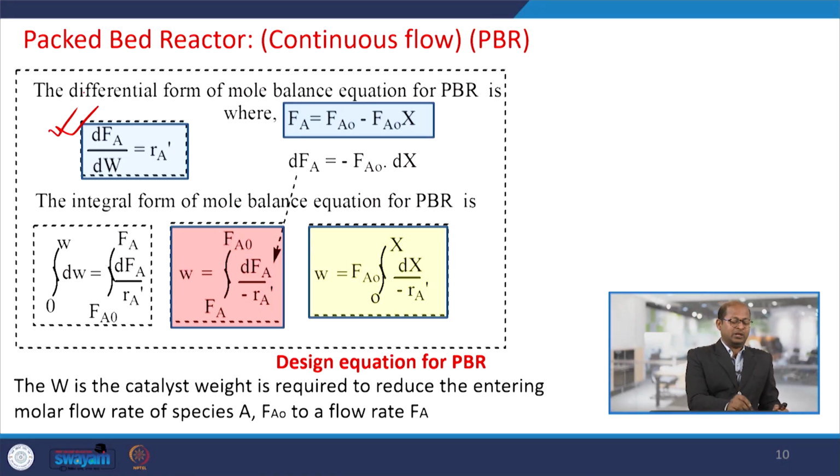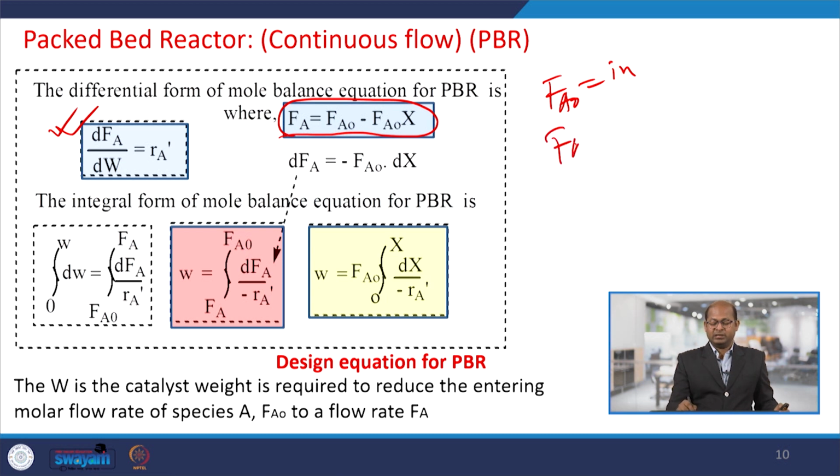This is for continuous flow reactors, the packed bed reactor. Here this is the differential form of the mole balance or design equation for this particular reactor. We know that FA equals FA naught minus FA naught x. FA naught is the amount that goes in, and FA is what comes out of the reactor.